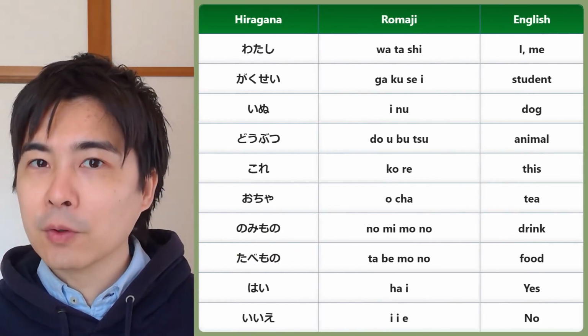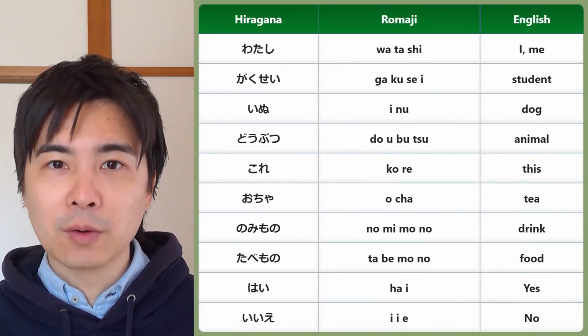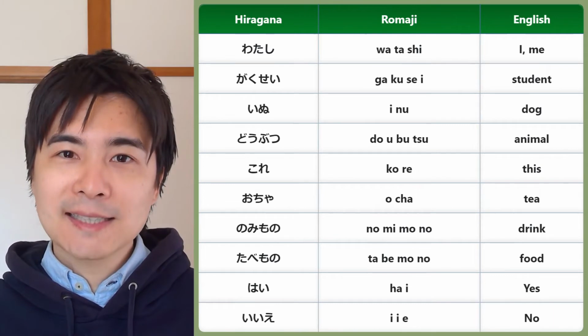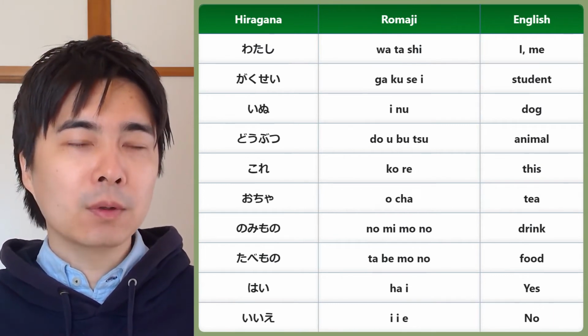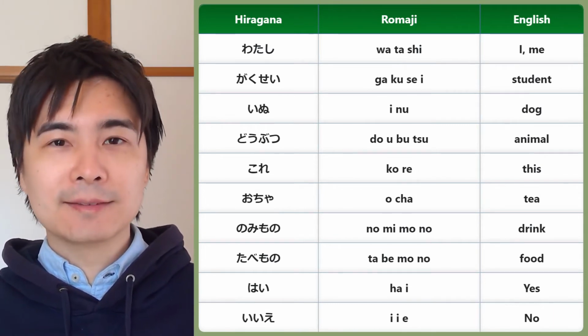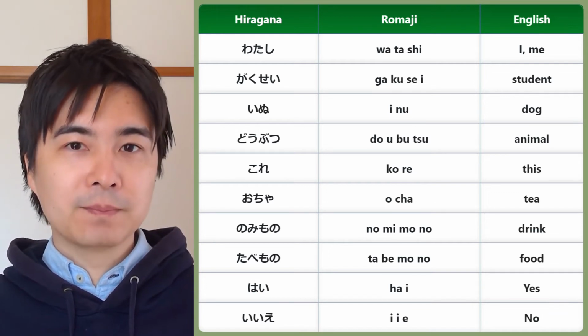Okay, we have already learned all 7 sentence patterns in this video. So now let me ask 10 questions to assess your memory. But before I ask the questions, let's review the vocabulary and grammar that we have learned in this video. These are the vocabulary we learned in this video. 私 means I or me. 学生 means student.